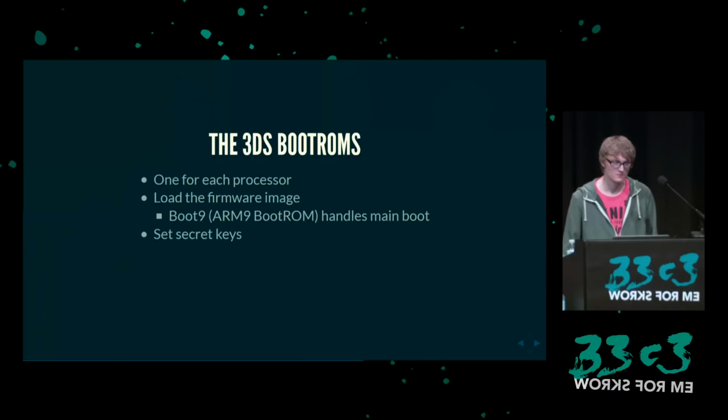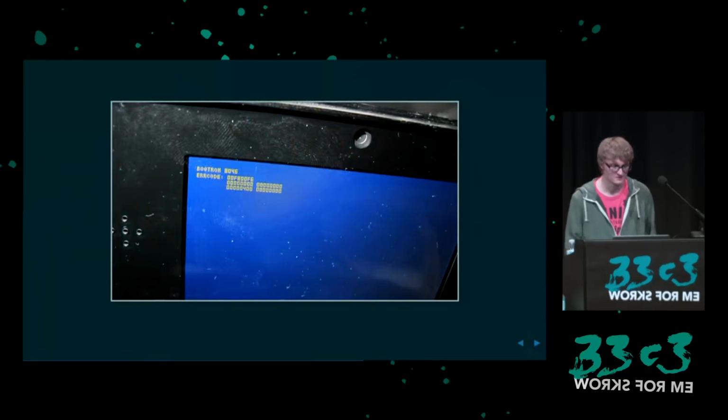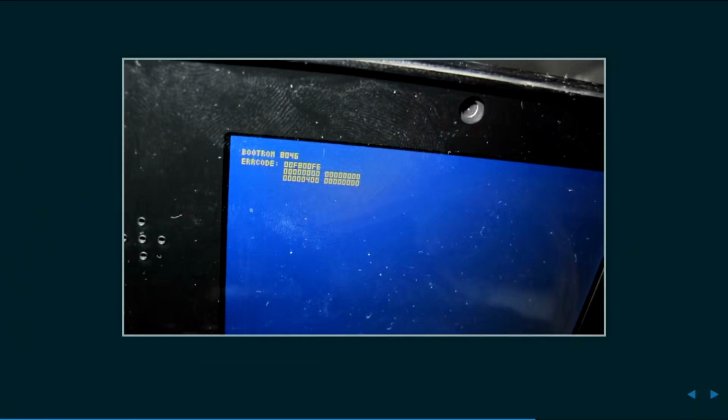And yes, we would like to get those keys. But unfortunately, the boot ROM is disabled. It disables itself before it launches the firmware. And 3DS boot ROMs also print nice error screens. Like when the NAND is corrupted, it shows an error screen.